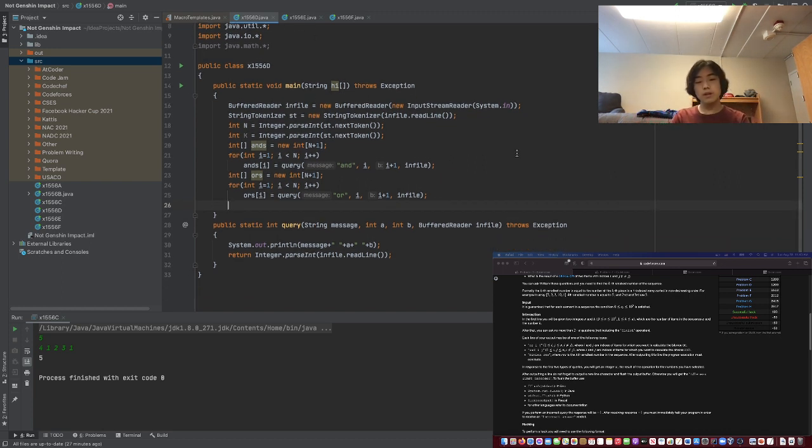Can we figure out the and in the or query given like 2 other numbers maybe? Does this allow us to check the and and the or between any pair of numbers, or no?